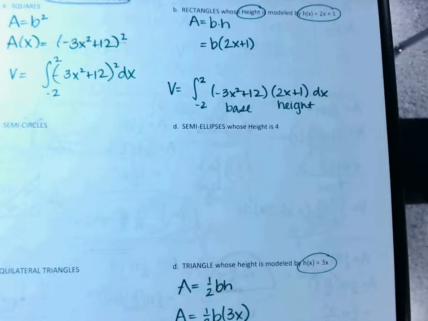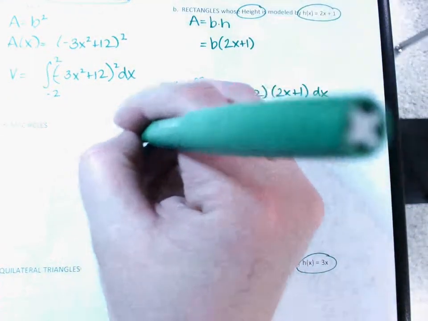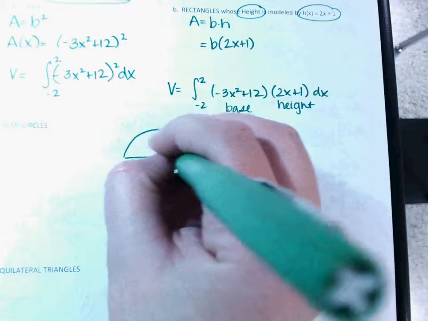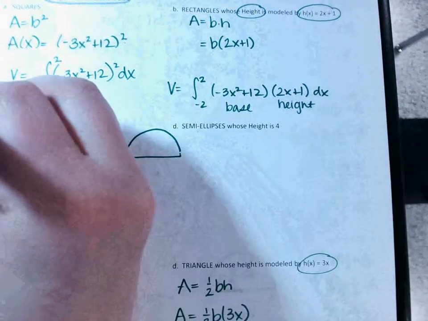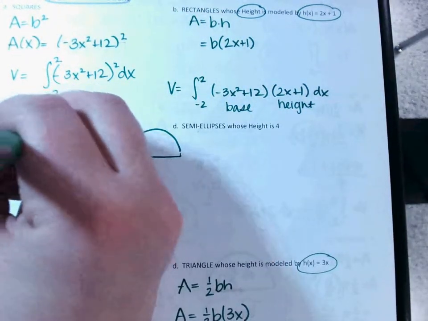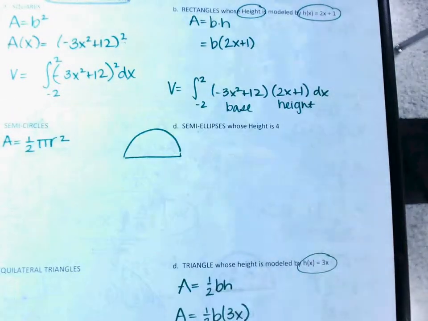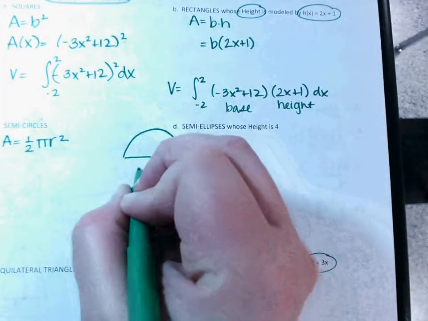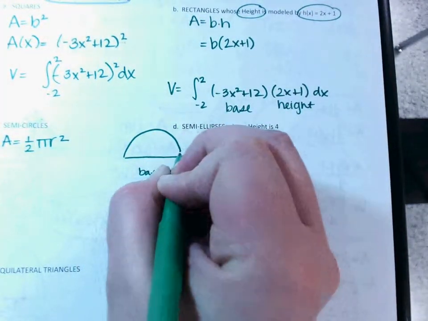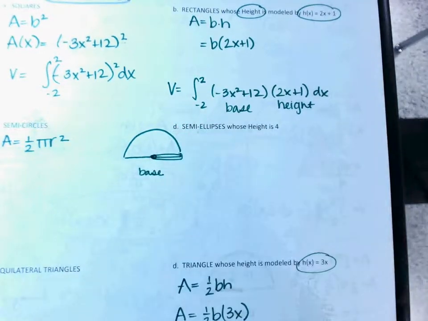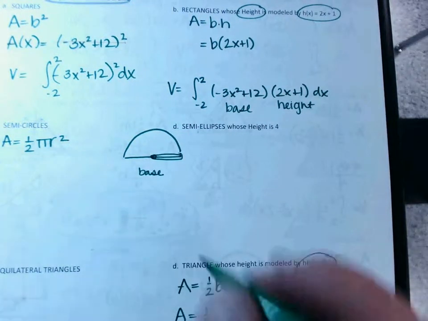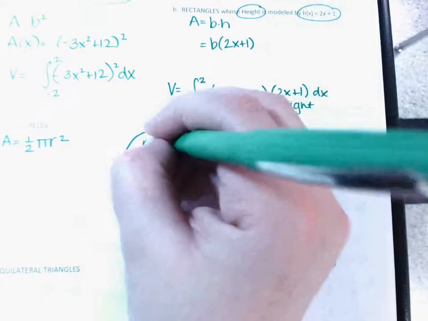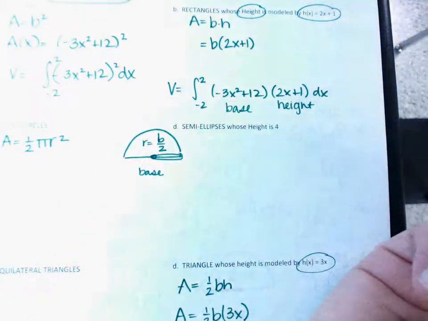The first one was a semicircle. I'm going to go ahead and redraw this and explain it one more time, see if we can get it. Remember, for a semicircle, it's 1/2 pi r squared. But my base is all the way across, so my radius will only be halfway across. My radius is going to be b over 2, or a half of b.